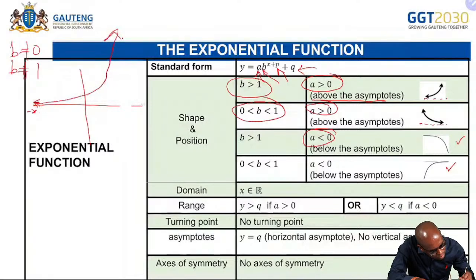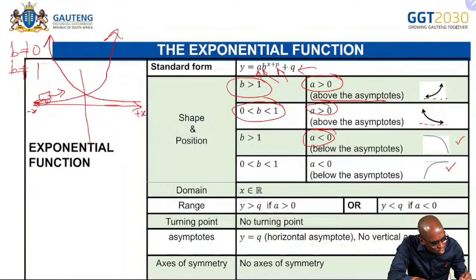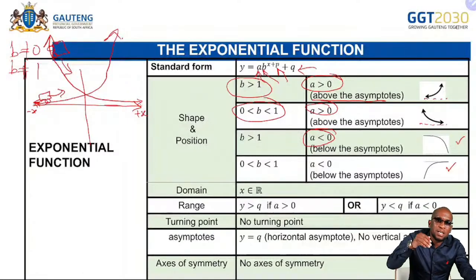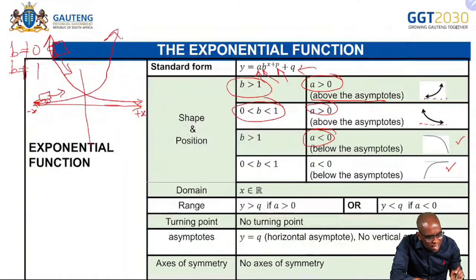Or at times, if it's a decreasing function, then it will start on the positive x-axis like that, and it will decrease. So now what we get to see here is that if you place your toy locomotive car, you can see that it's going down, so it's a decreasing function. So the value of B tells you which side of the x-axis your graph starts from.